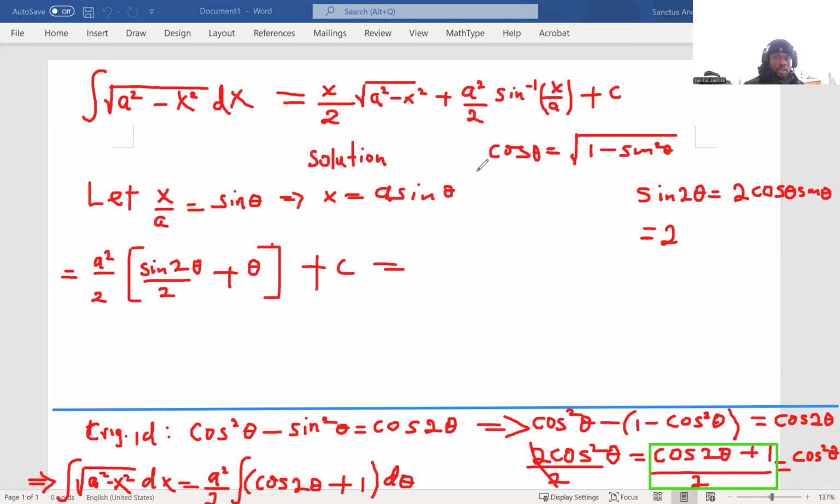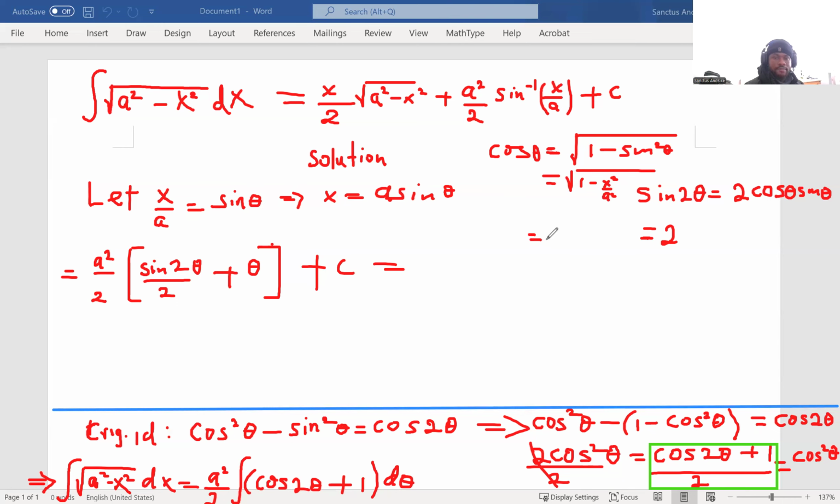Then from here, our sine theta is equal to x over a. So I'll plug it in here. And square root of 1 minus x squared over a squared.